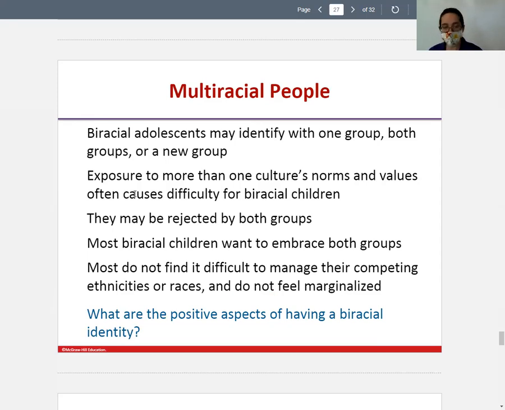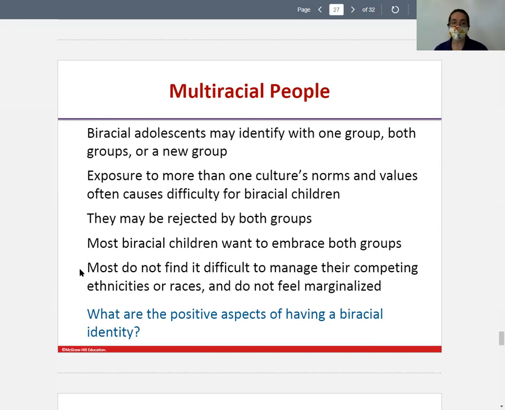But most children would want to embrace both groups and have all the positive aspects of their identity come together, forming one identity with the good things from the minority and the majority identity that they have, or the 2 minority identities or the 2 majority identities.